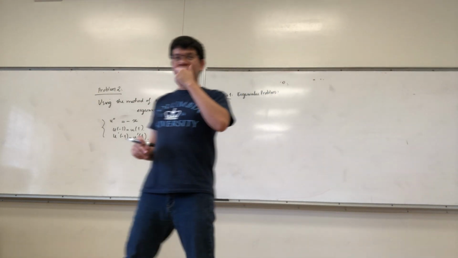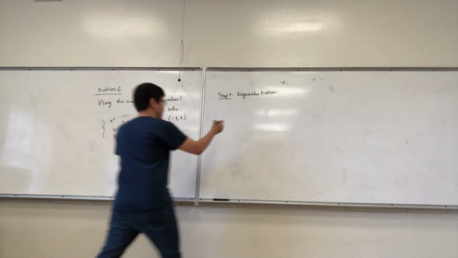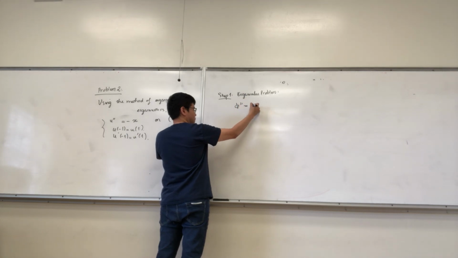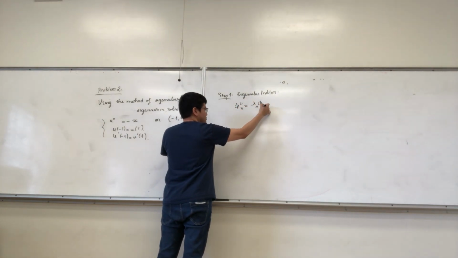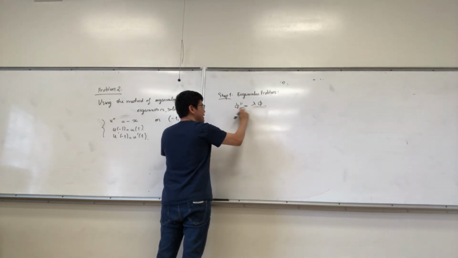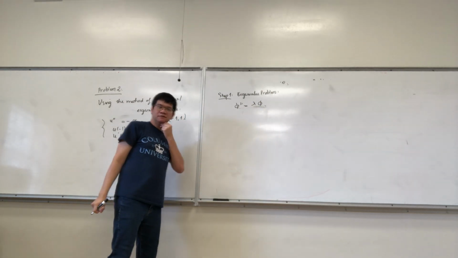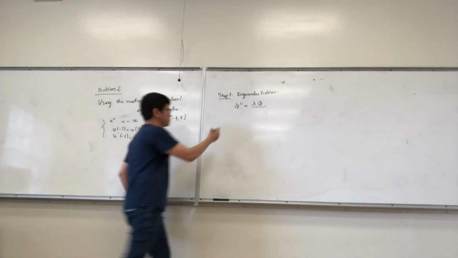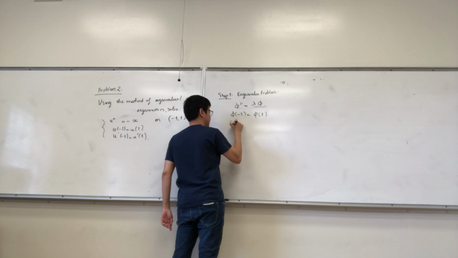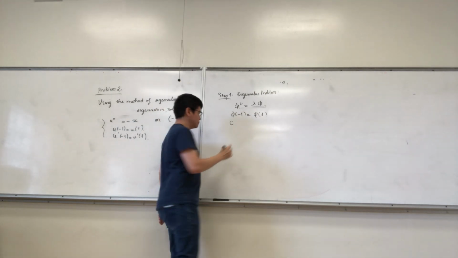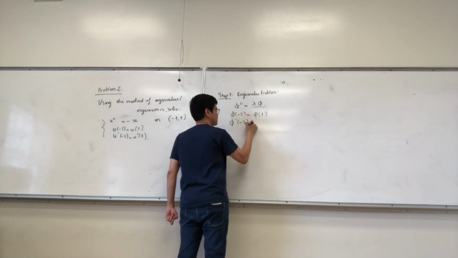Yes? phi second equals lambda phi. Yes, you can have n, you don't have to put n, right? We will see n later. And phi of minus 1 equals phi of 1, phi prime of minus 1 equals phi prime of 1. Yes.